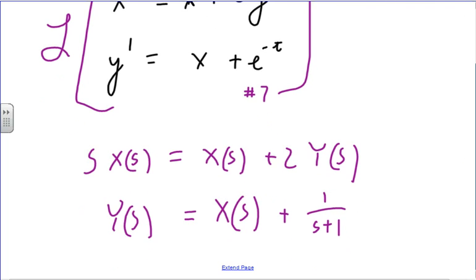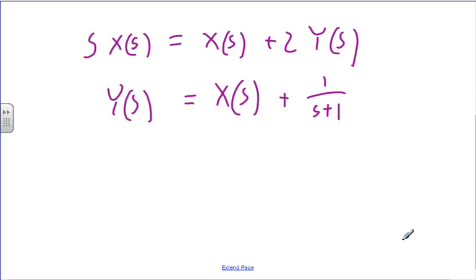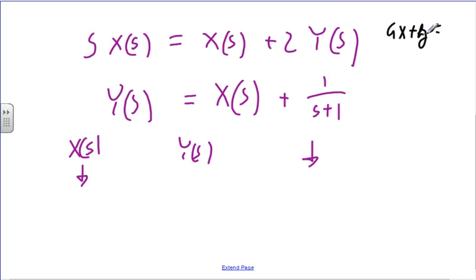We're going to line everything up: the x of s's in a column, the y of s's in a column, and everything that isn't in a column on the other side. When we get done, we'll have something that looks like ax plus by is equal to c, cx plus ey is equal to f. And then we're going to solve for x of s and y of s independently.